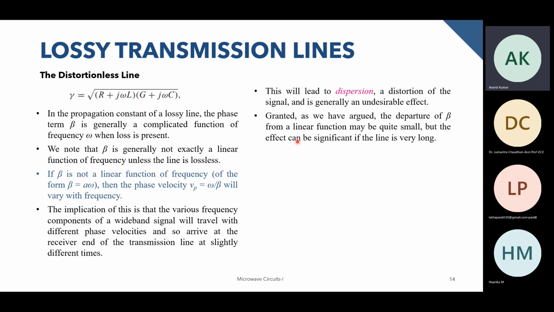And again, this dispersion comes into play when your transmission line is long. If it is short, then this dispersion will be very small, and your signal will be intact.